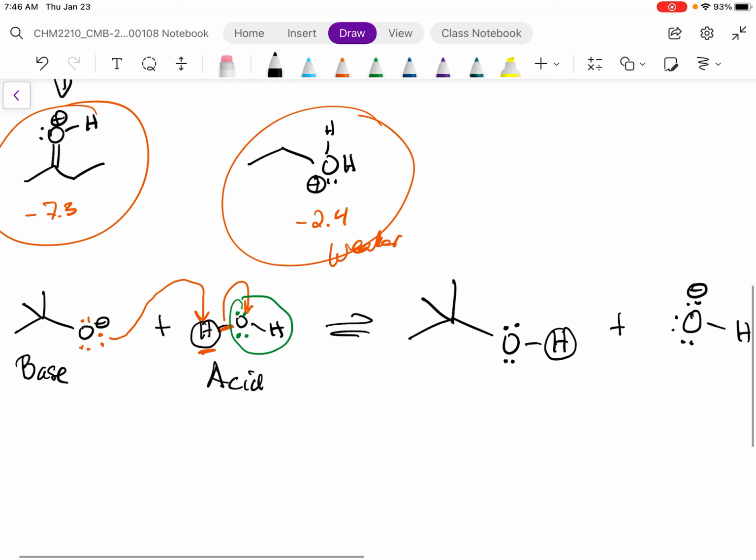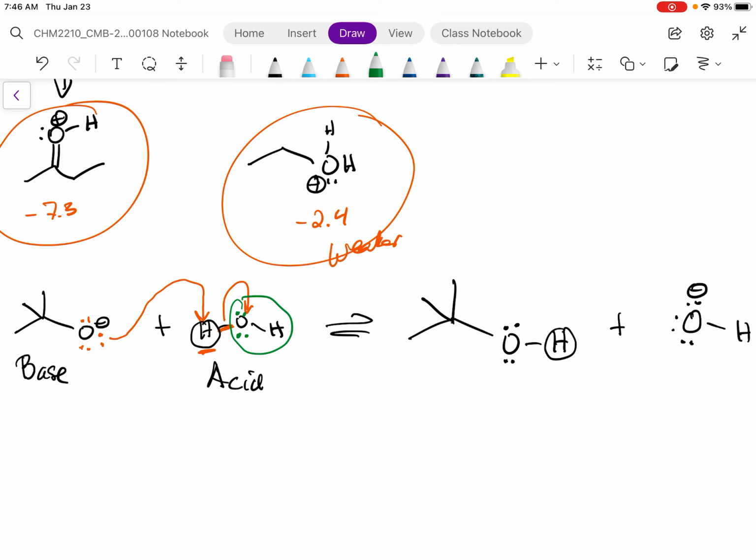And this is very, very important, guys. So many students do this, and I'm telling you, it's 100% wrong. Don't do it. I know what you're thinking, but mechanism arrows show the flow of electrons.